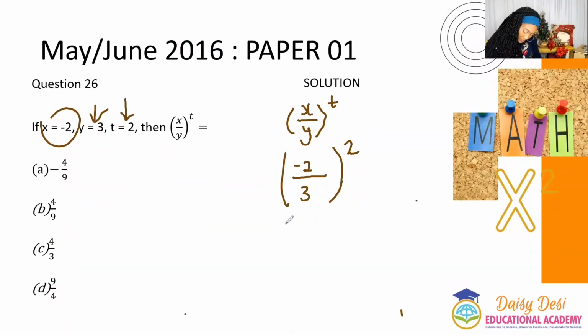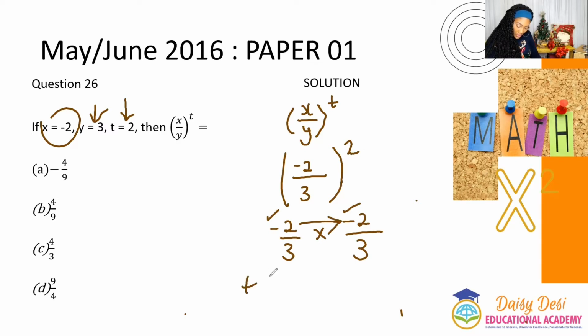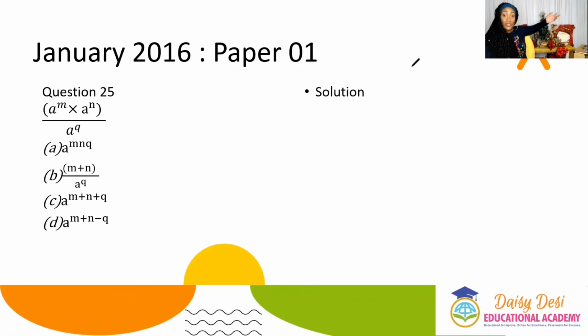We have negative 2 over 3 multiplied by itself 2 times. Now a negative and a negative is a positive. 2 multiplied by 2 is 4. 3 multiplied by 3 is 9. 4 over 9.